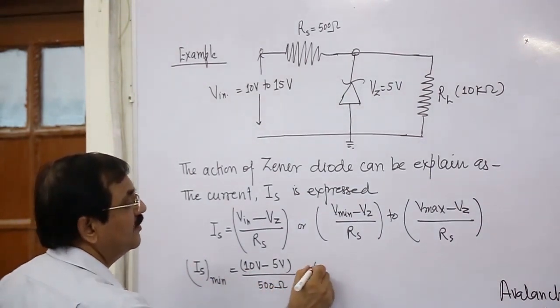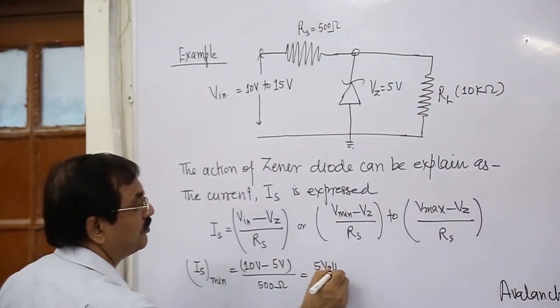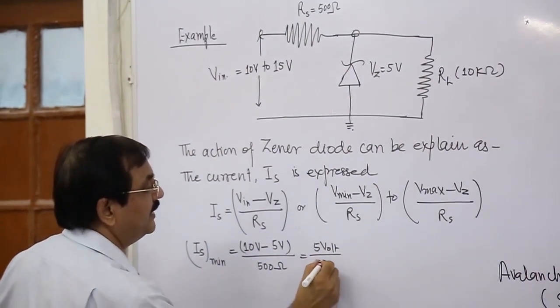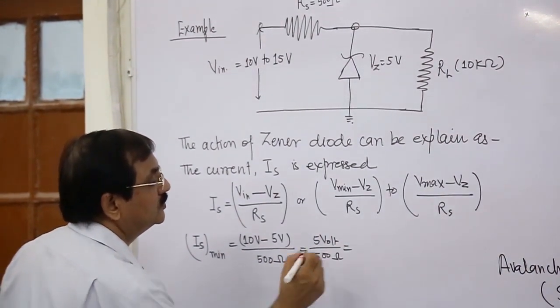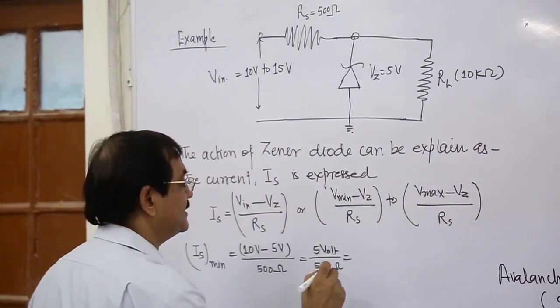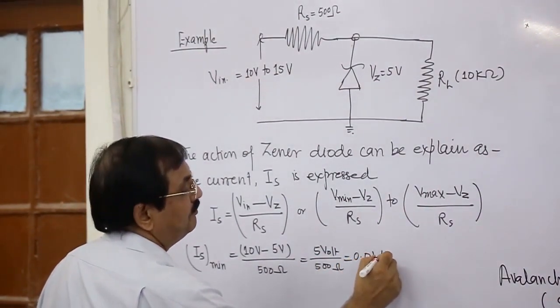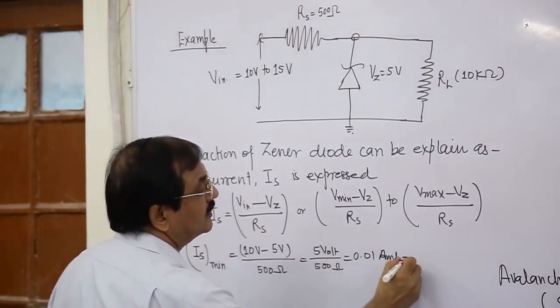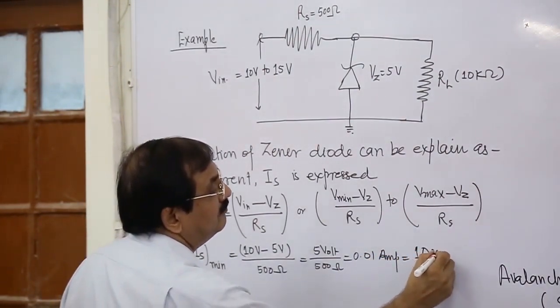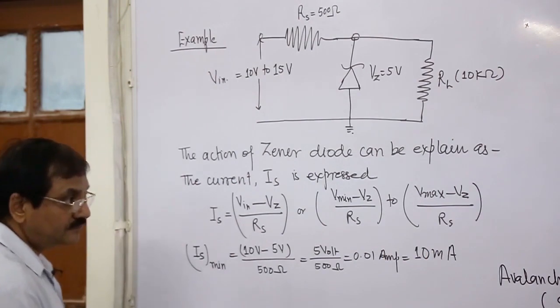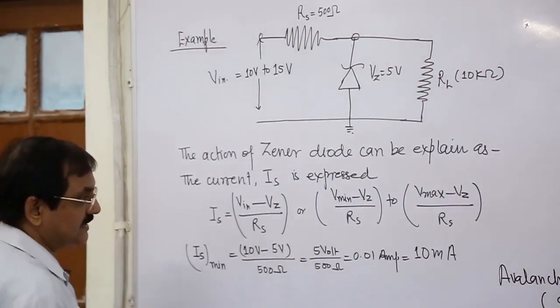So, this is 5 volt upon 500 ohm, which is 1 by 100, that is 0.01 ampere, or 10 milliampere. This is IS minimum.